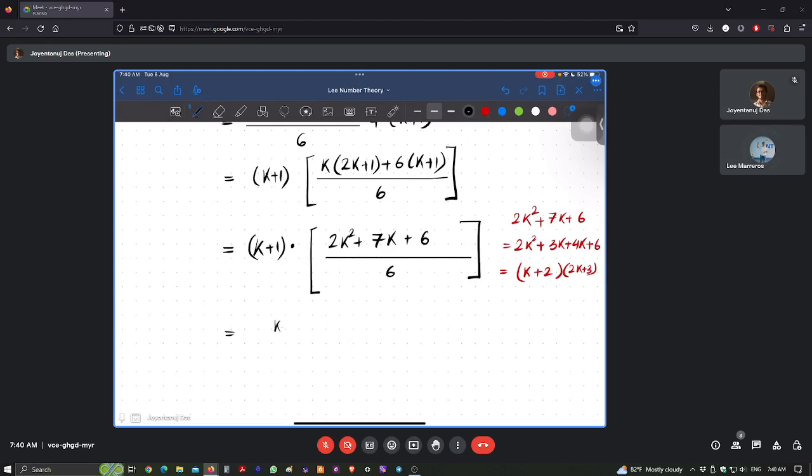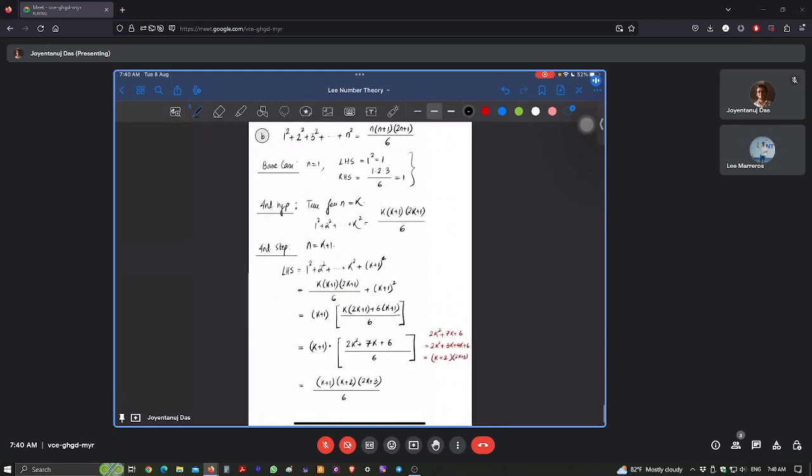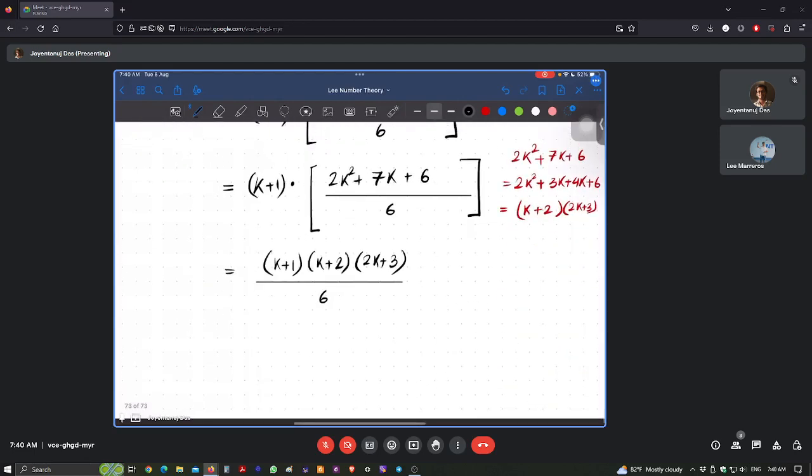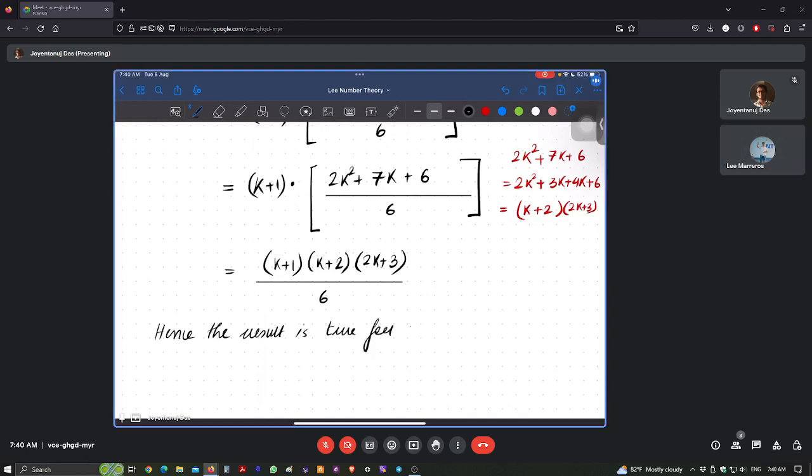So this actually matches with our formula, right? If I put n equals to k plus 1, it matches with our formula. So we can say that the result is true for any n, by induction.